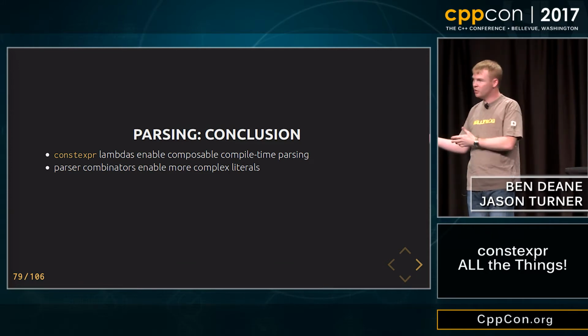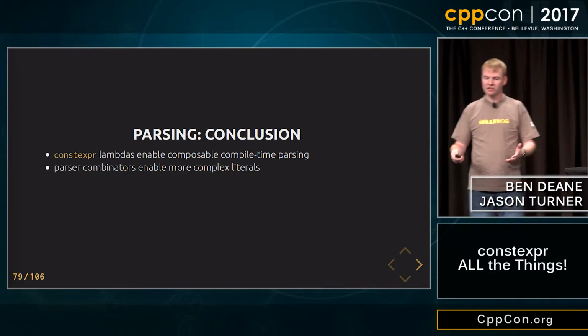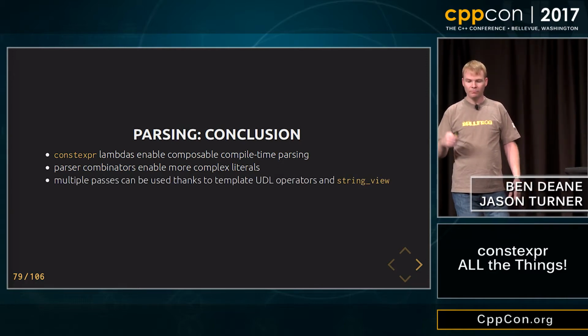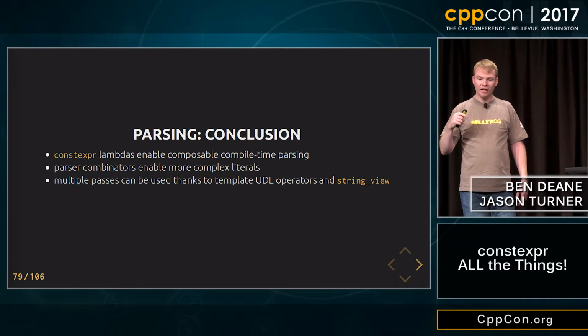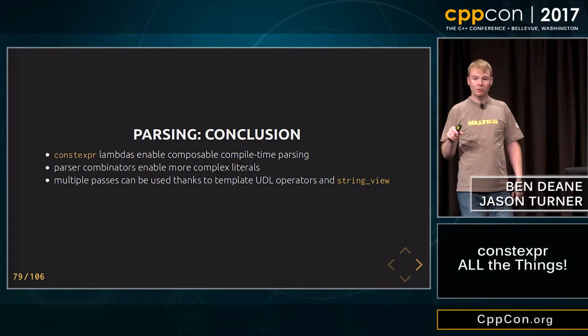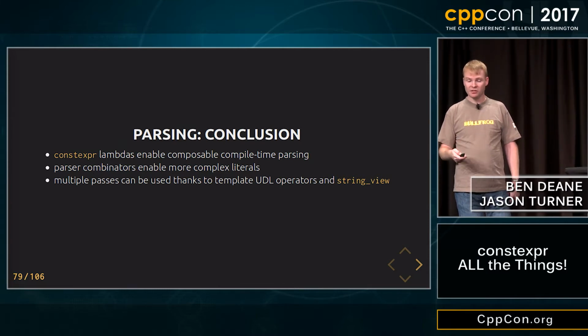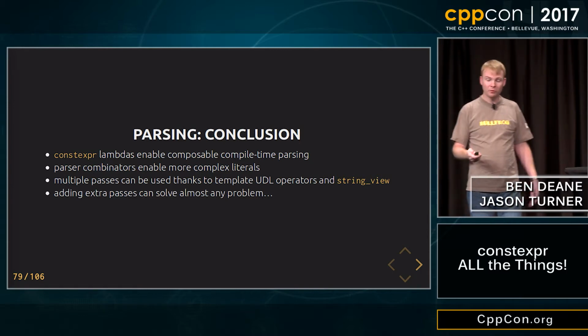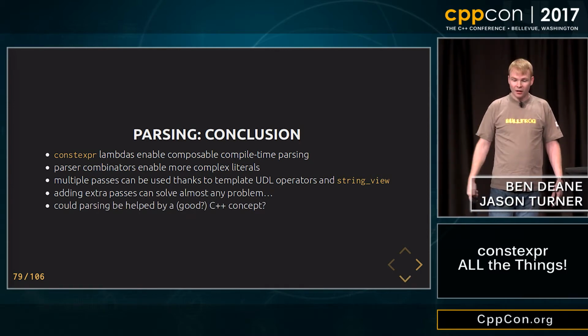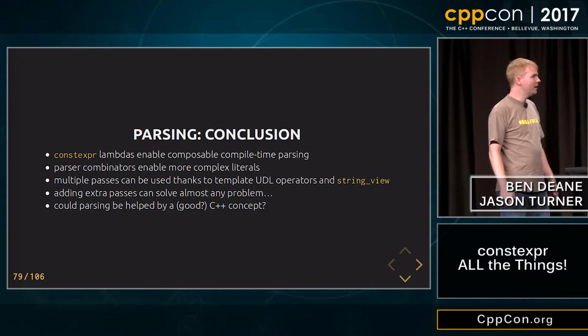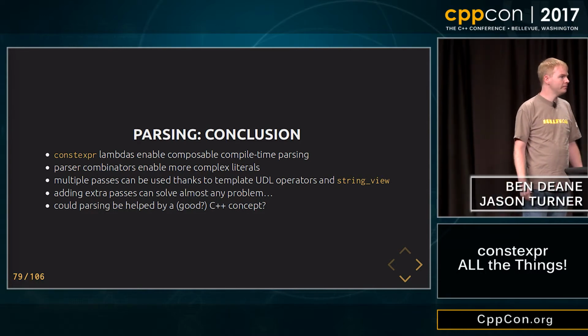JSON is just one example of what can be attacked with this kind of technique. Thanks to that template user-defined literal operator, which I hope becomes standard, but at least it is in Clang and GCC, you can do multiple passes, and that means you can effectively solve almost any problem with multiple passes. And I don't know, but maybe there's a concept applicable here.